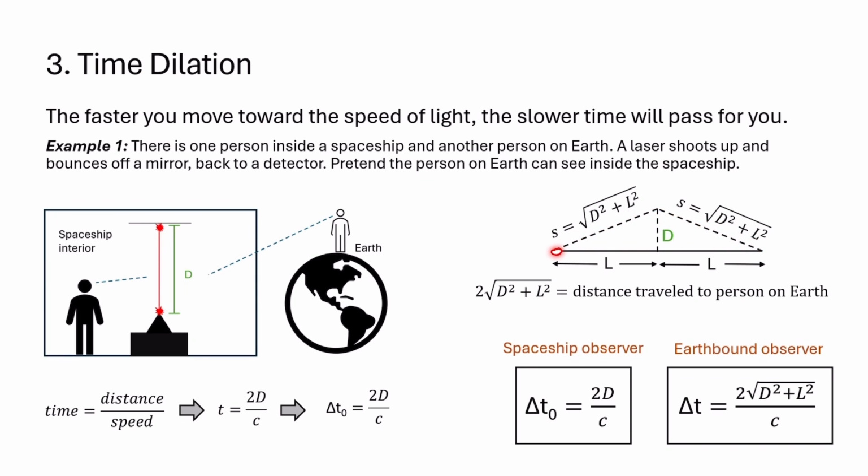So it might start here, go there, and go there. And these formulas are just based on the Pythagorean theorem. I'm not going to go too into detail and bore you on that. But anyways, the earthbound observer sees time in this fashion rather than this. So we can obviously see that it's more complex and it's going to be a larger amount of time on the Earth just from how much is up here rather than here.